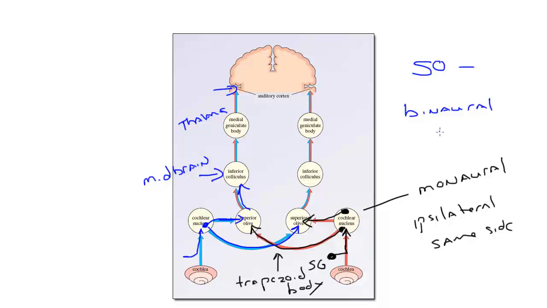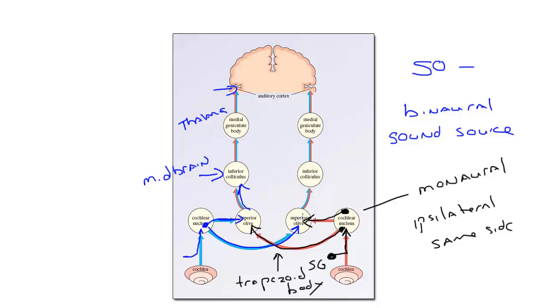So binaurality is going to be important, and the key reason that binaurality, the response to the two ears, is so important is it will allow you to figure out the sound source, at least the sound source in the horizontal plane. Is it to the right? Is it to the left? Is it right down the middle? So binaurality will allow you to do that.